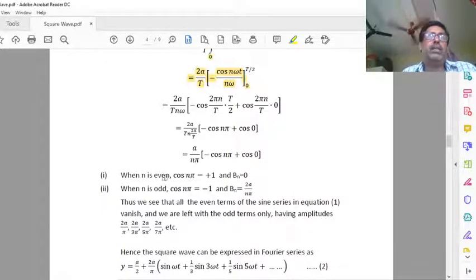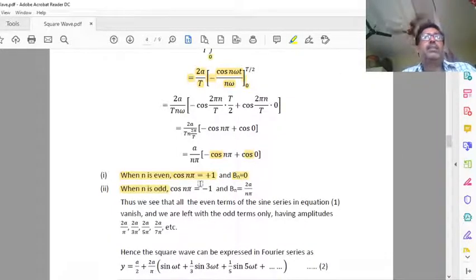See here, when n is even, it means it is 2 pi, 4 pi, 6 pi, and when n is odd, 1 pi, 3 pi, 5 pi. So for even values cos n pi is equal to 1, so it is minus 1 this one, and this is cos 0, 1, minus 1 plus 1 means 0, so bn is equal to 0.